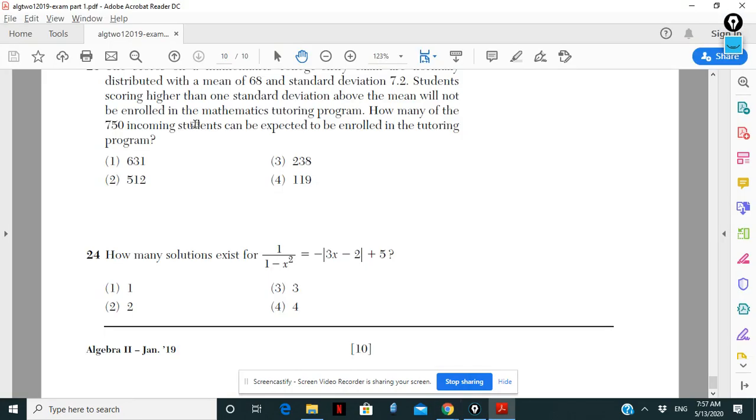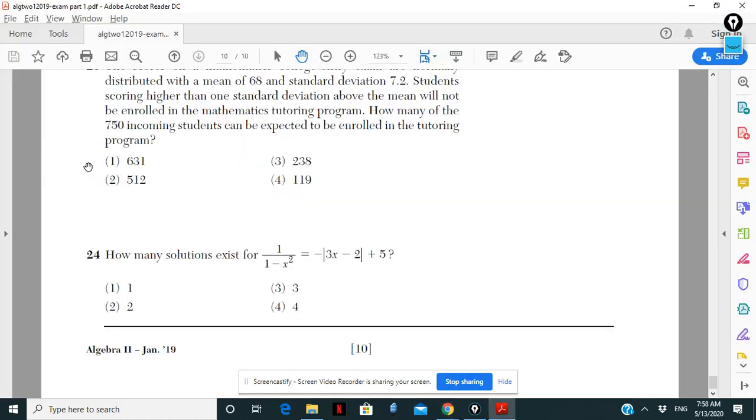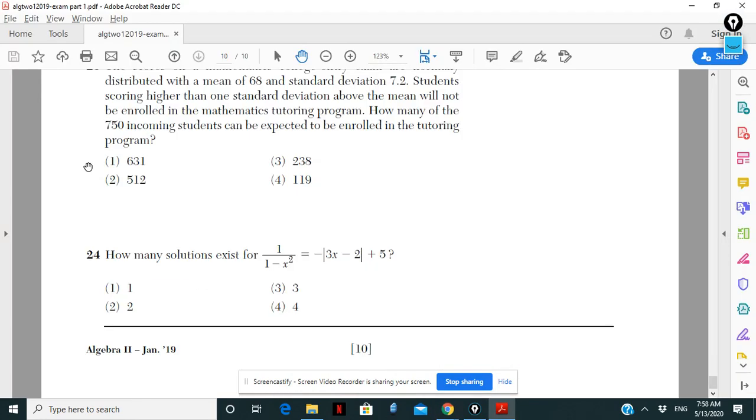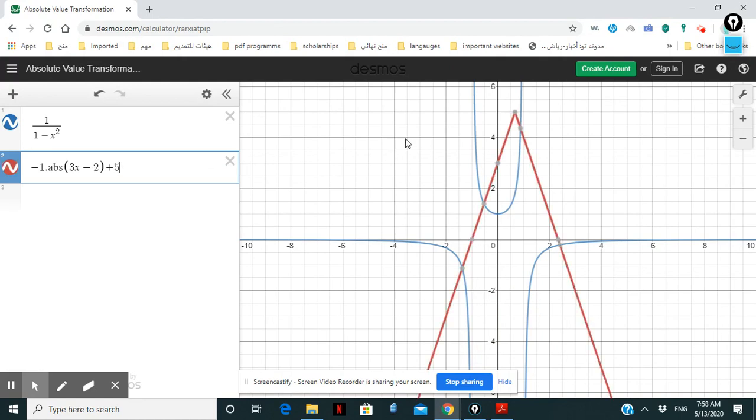The second one is negative 1 divided by the absolute value of open parentheses 3x minus 2 plus 5.